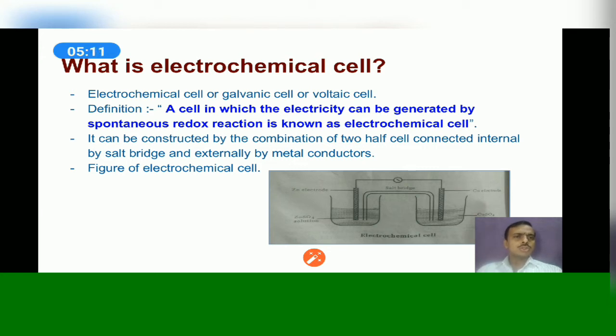So we construct this cell by the combination of two half cells connected internally by a salt bridge and externally by conductors. So this is the figure of an electrochemical cell.